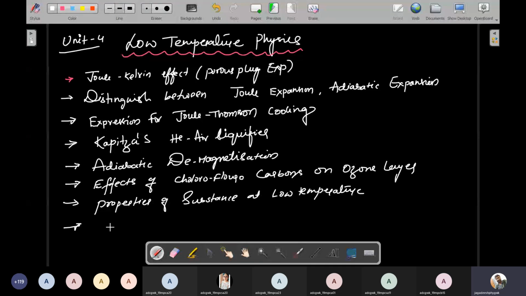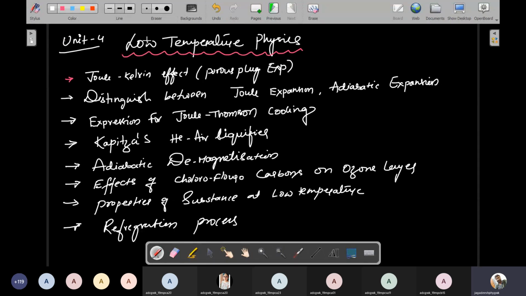And the last topic is the refrigeration process. Okay, so these are the topics in low temperature physics.